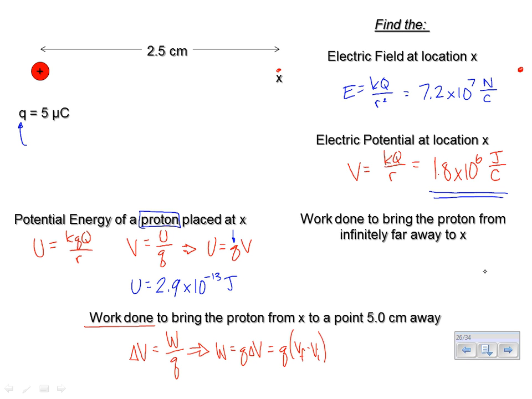V for potential, of course, not velocity or anything like that. Or Q times, well, I need the potential at 5 centimeters away. That's going to be kQ over r5 minus kQ over r2.5.